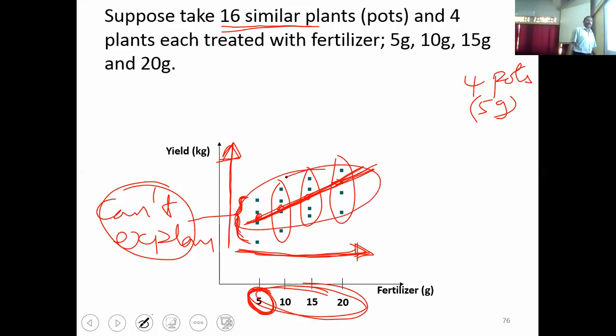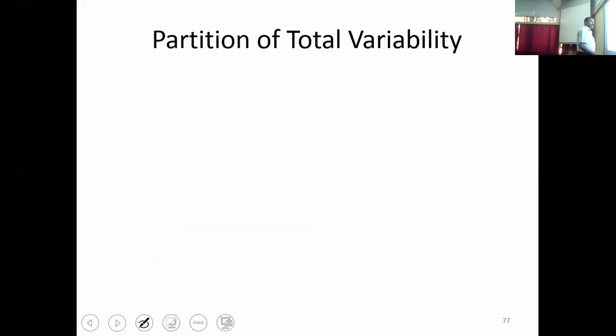But along the y-axis, for a given x value, the yields are different, and that variability we cannot explain.